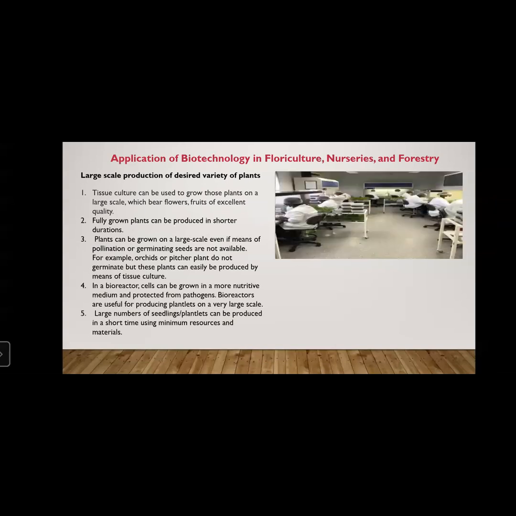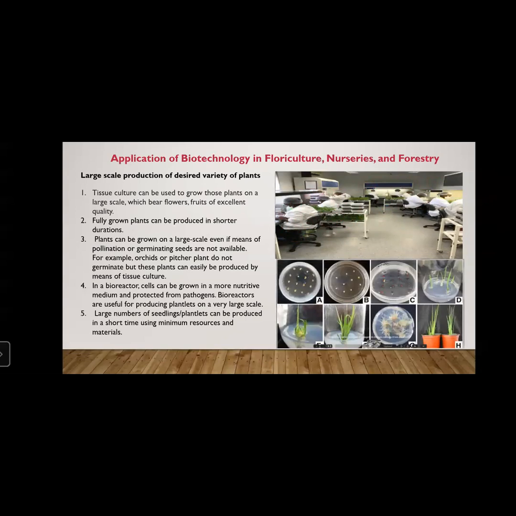See, this is the lab setup where all the researchers are working within the sterile environment and developing various plants with desired quality and desired traits.